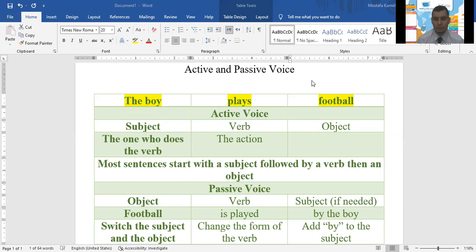Active, we know it, but the new one is passive voice. I just explained it, Muhammad. Yes, the two, active and passive voice, will be in the booklet. I will show you now. Don't worry.